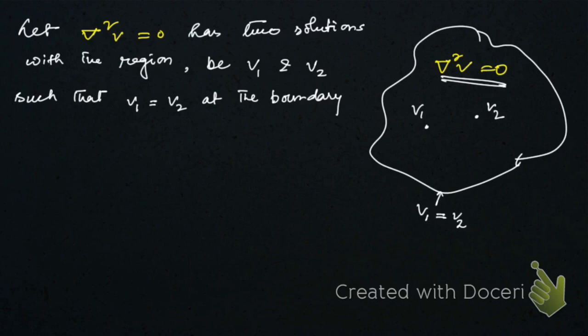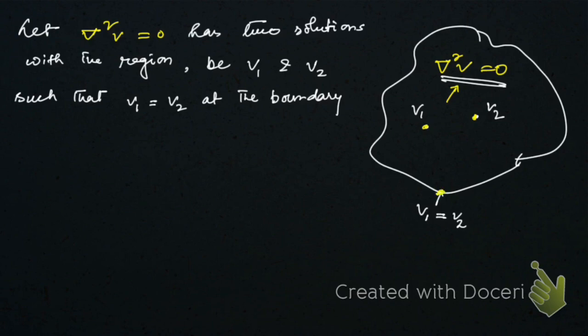So we have considered that V1 and V2 are different solutions satisfying the Laplace equation and having the same value at the boundary.